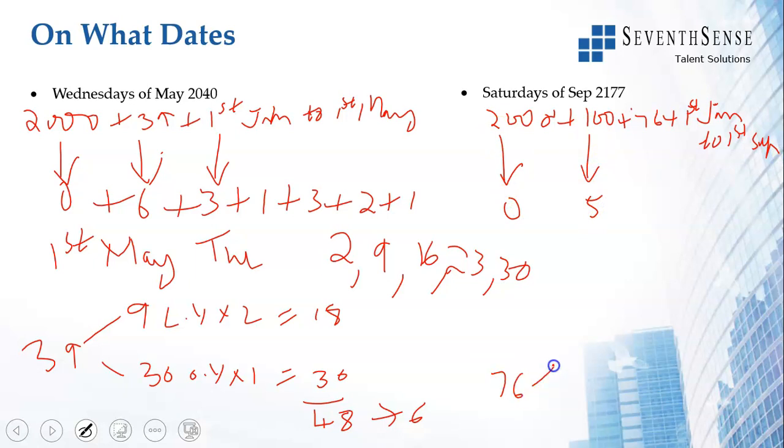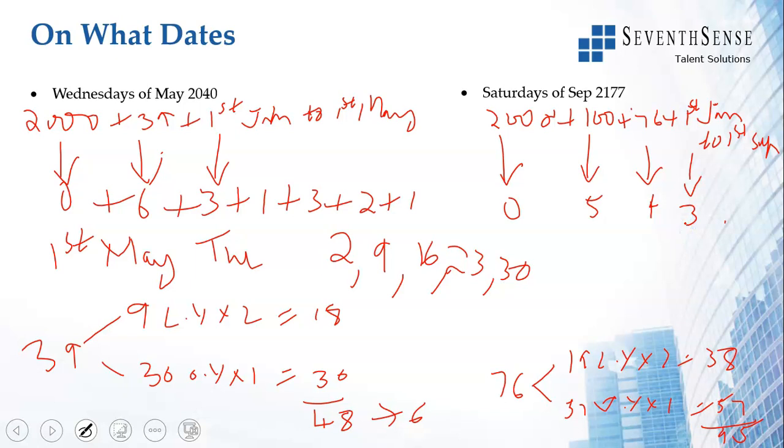For 76, I look at 19 leap years into 2, which is 38, and I look at 57 ordinary years into 1, which is 57. Adding this is 95. 95 divided by 7 gives me a remainder of 4. So I add 4 here, and 1st Jan is 3.